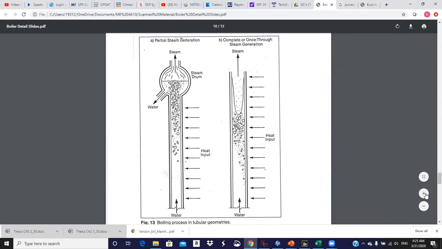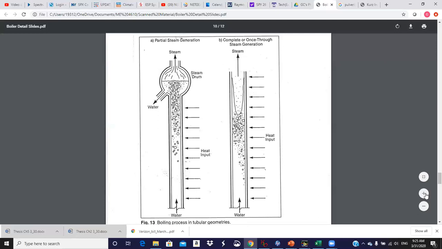You'd like it to be saturated, but it's probably not completely saturated. That's entering the bottom of the water wall tubes, and then either by forced or natural circulation, it rises through the tube. Some of the water boils off into saturated vapor. It goes to the drum for separation. The steam goes out the top.